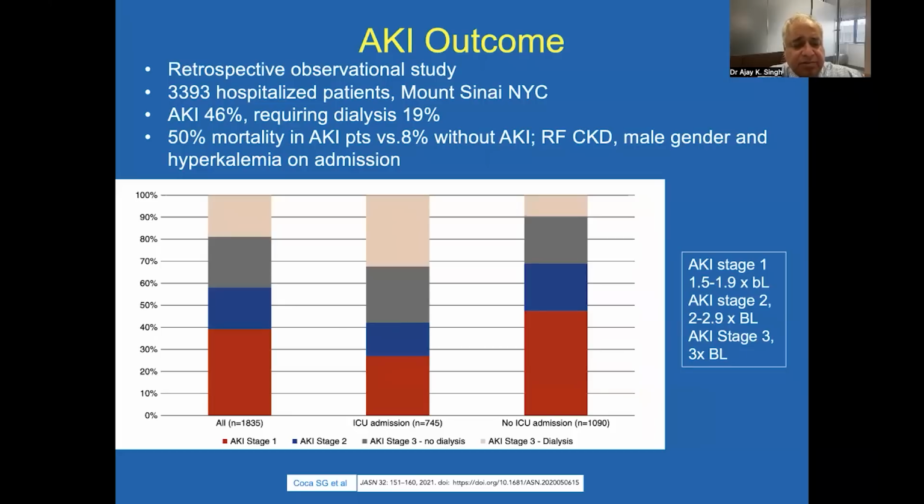And then you see in the schematic bar diagram the different stages of acute kidney injury that these patients present with, and you can see that the most severe forms of acute kidney injury, shown in beige in the middle column, occur in patients who have been admitted to the ICU.